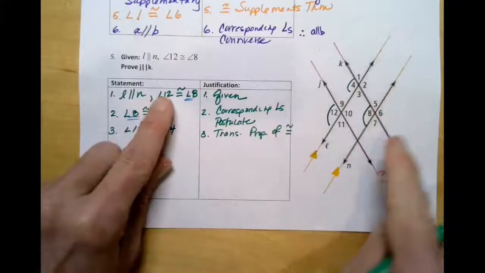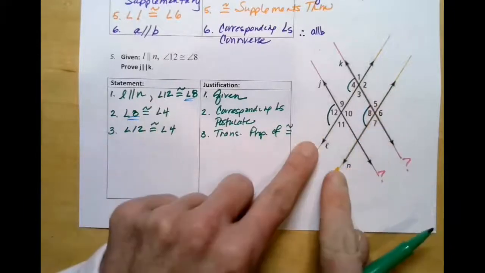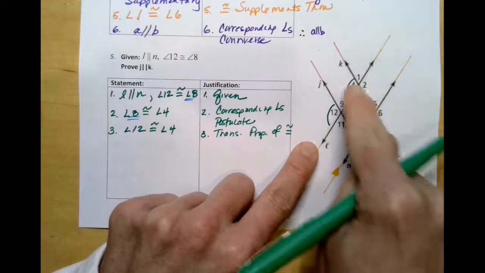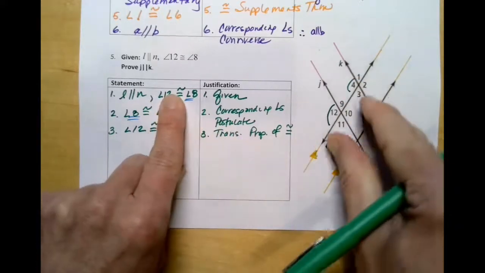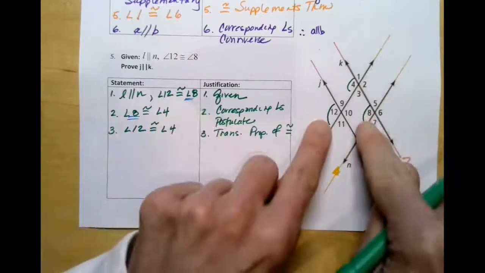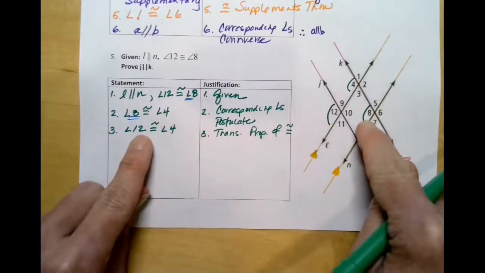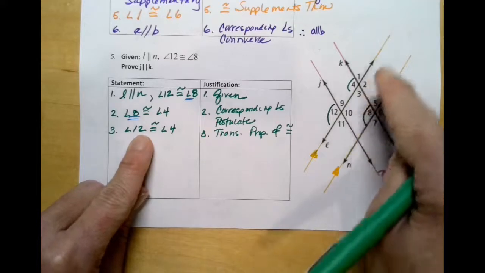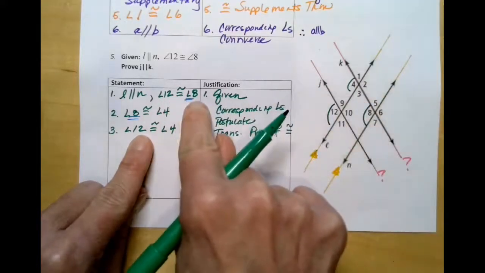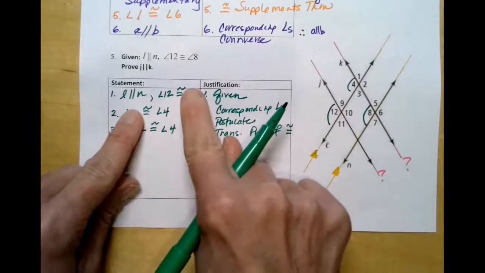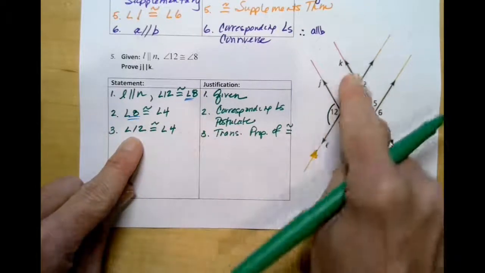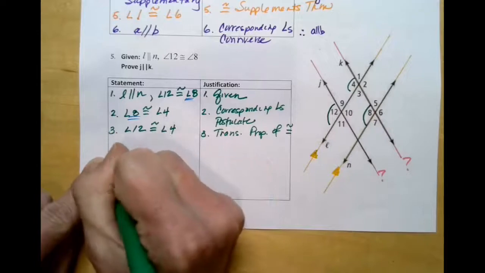So if the lines are parallel, 8 and 4 are congruent. Got it. We were given that 12 and 8 were congruent. So now I've got 12 congruent to 8, 8 congruent to 4. I can link these and say that 12 and 4 are congruent. Guess what I got now? You got it.